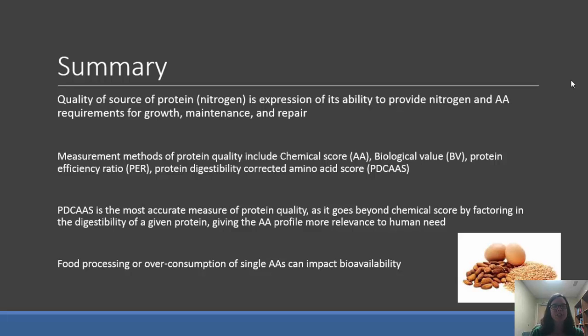The quality of the source of protein is an expression of its ability to provide nitrogen and the amino acids that are required for growth and maintenance and repair.